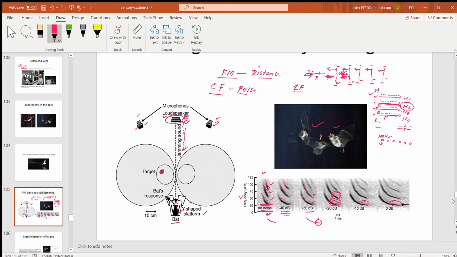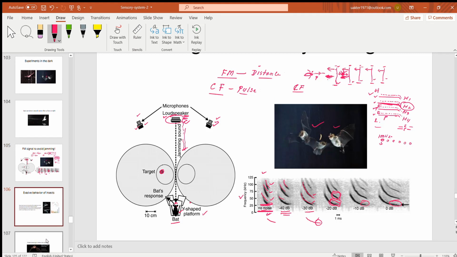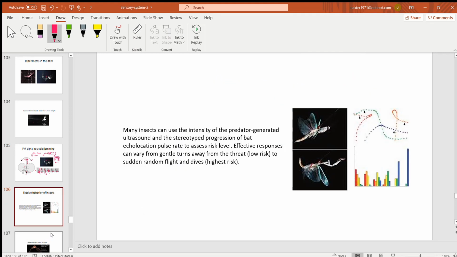So in that situation, they extend the pulse, prolong the pulse, and that helps them to avoid the noise and get the echo more accurately. So this is just an observation of how the bats change the strategy in presence of noise.